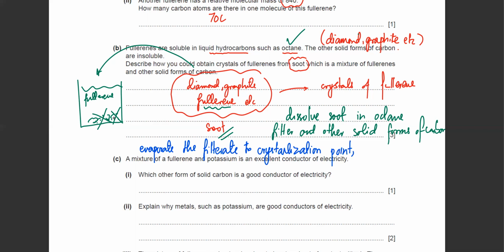And you cool gradually. So you've got fullerene dissolved in petrol, and you can evaporate the petrol or octane, which they are stating, and that will leave you with fullerene. So cool gradually and filter out crystals of.